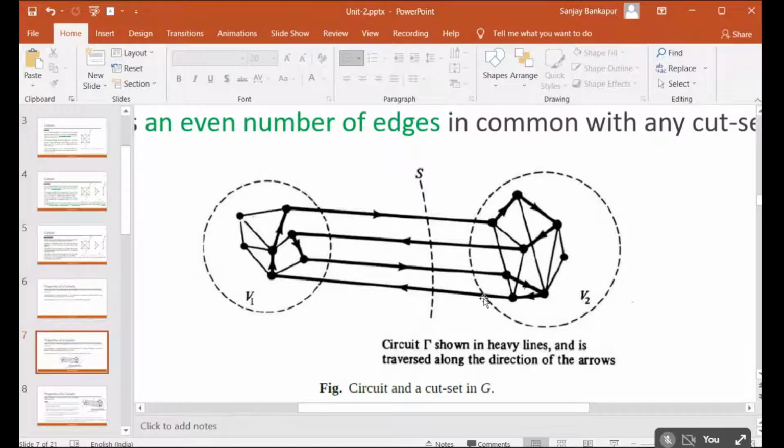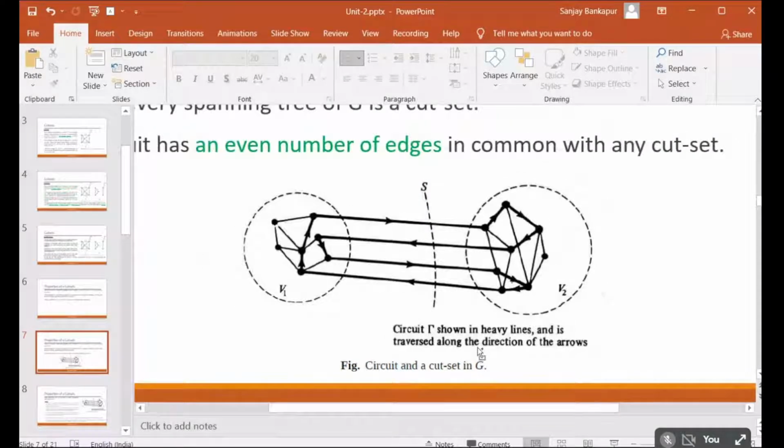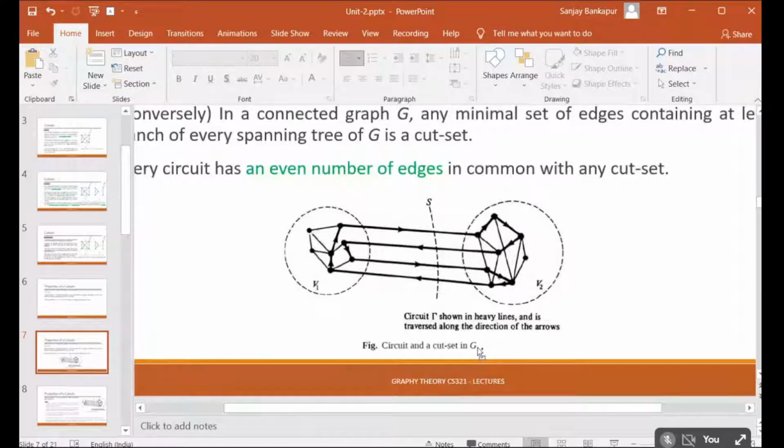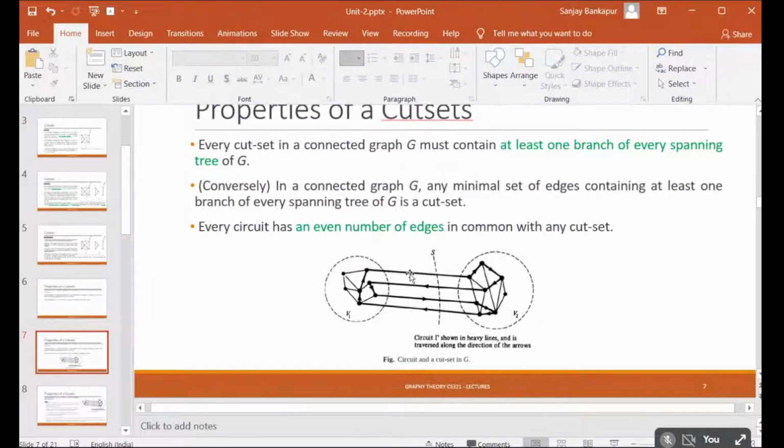There is a circuit, and let's say there is a cut set S. S is the symbol of the cut set, which disconnects the given graph into two components, right? S is a cut set, tau is the circuit, and this is the overall graph G. It can have multiple circuits, but they have taken only one of them, and it has an even number of edges in common with any cut set.